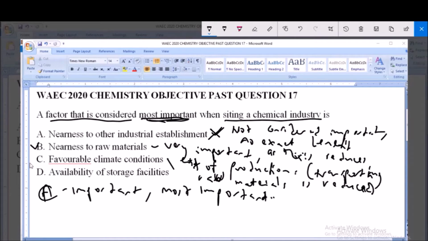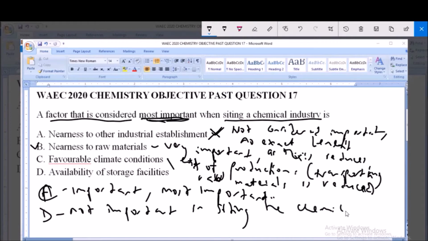And option D, availability of storage facilities, is an important factor, but it cannot be considered the most important in siting the chemical industry. So the one that can be considered most important, as we have rightly established, is option B, the nearness to raw materials.